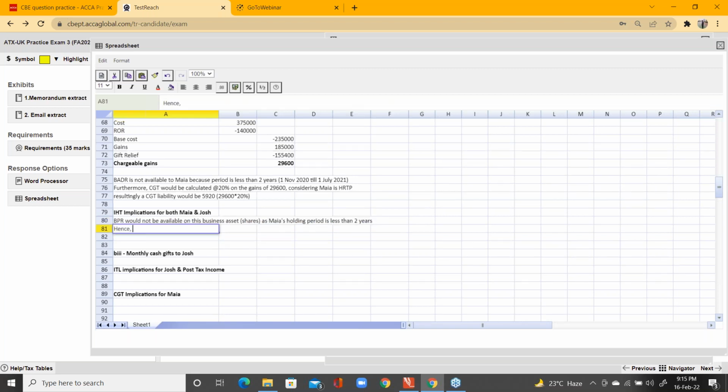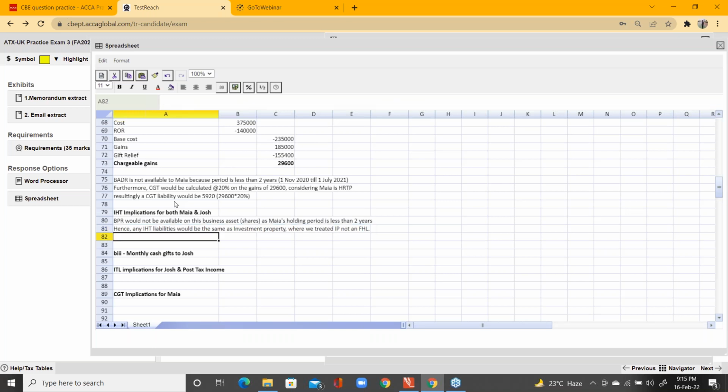Furthermore, hence any IHT liabilities would be the same as investment property, where we treated the investment property as not an FHL.